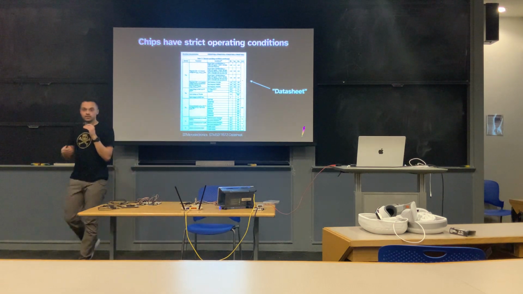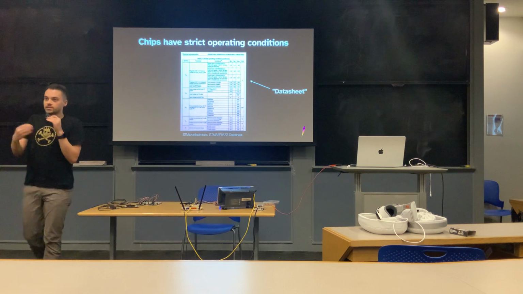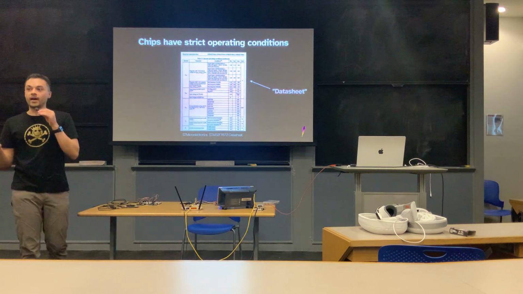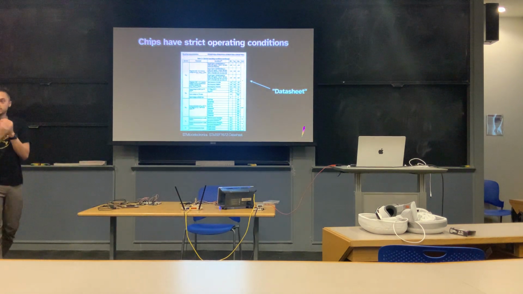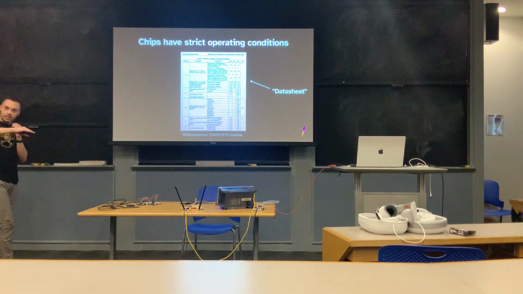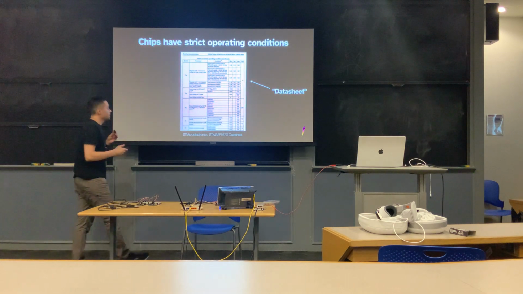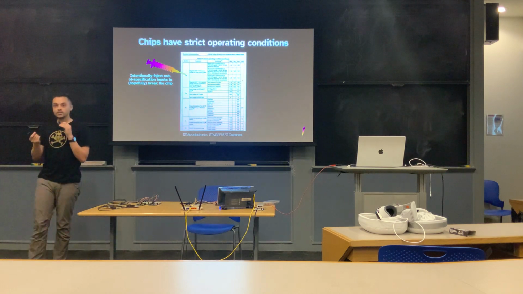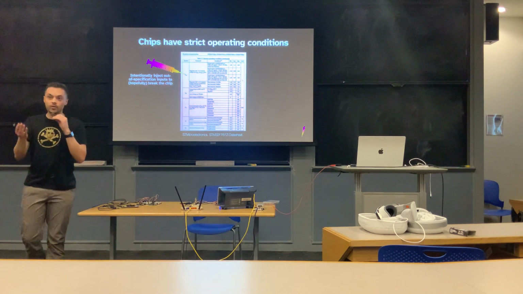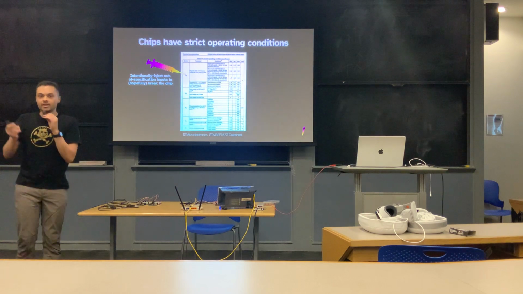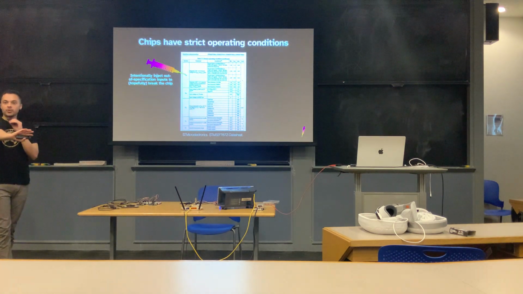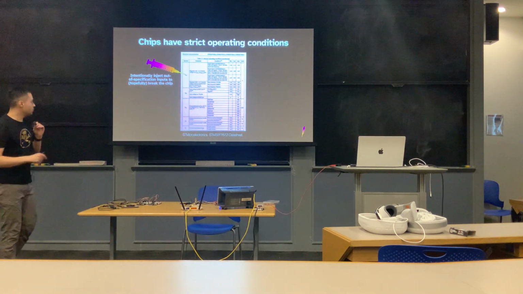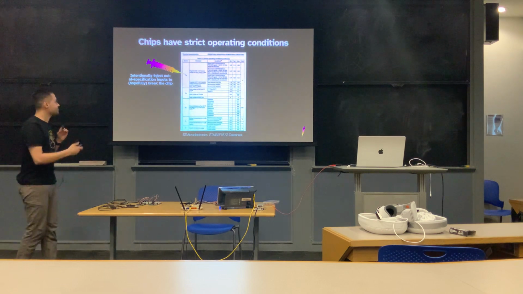So the way that we designers will actually make these voltages consistent is with the use of things called bypass capacitors. You can use capacitors to filter out noisy voltage lines, keep things nice and stable and nice and even. And so the idea here is that since these chips are so sensitive to these input parameters, if we can just intentionally bring the chip outside of its standard operating conditions briefly, we can hopefully break the chip.